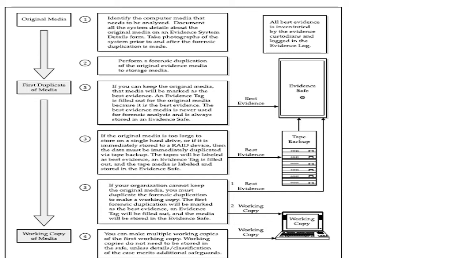It is the best evidence, or the original evidence, that is stored in the evidence safe. When we've done that, it is the duty of the evidence custodian to create backup copies of the evidence, which we call the working copies.